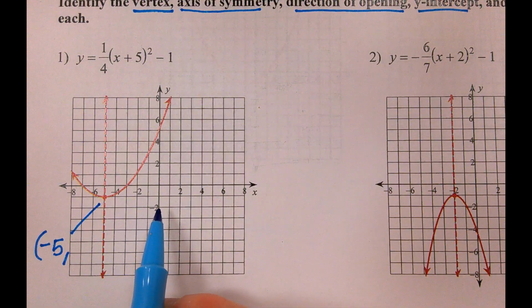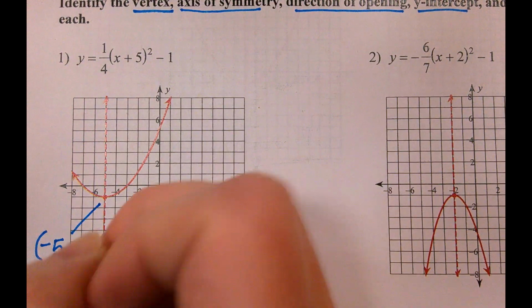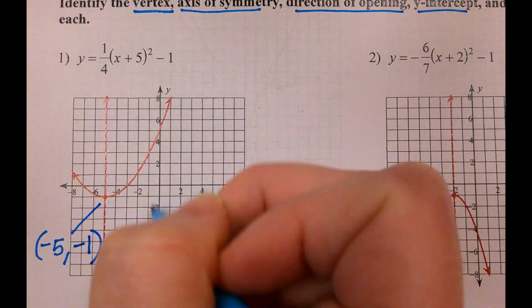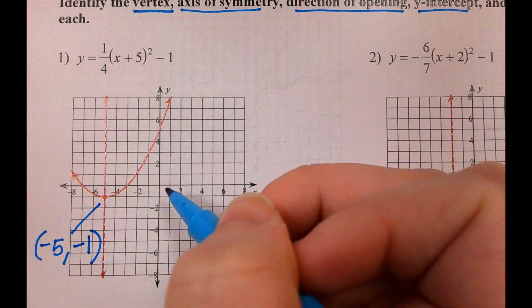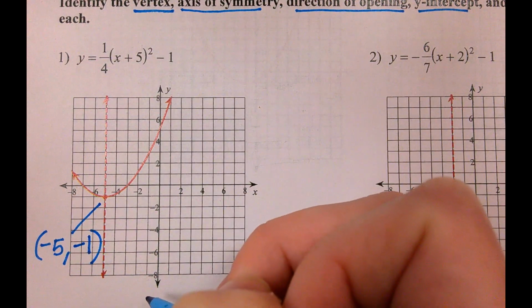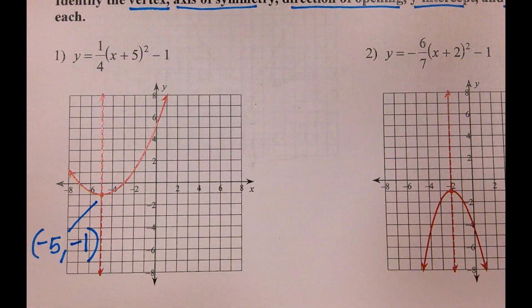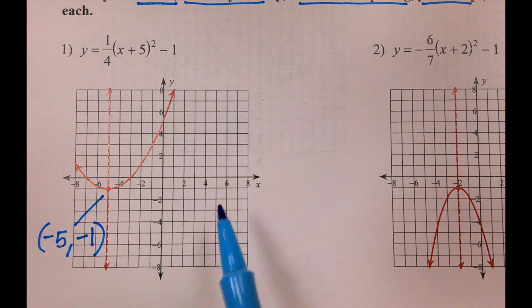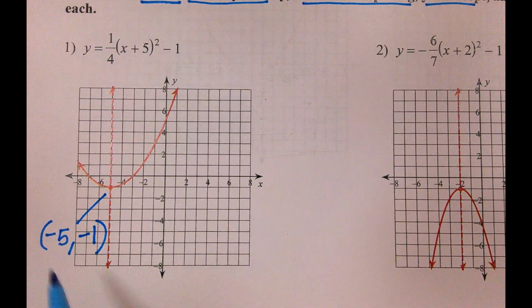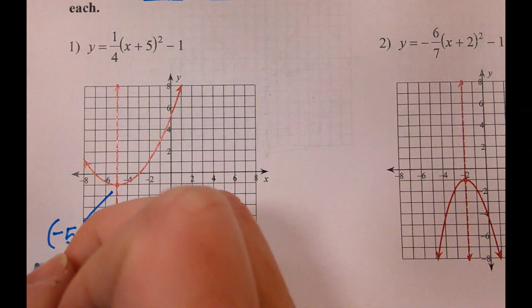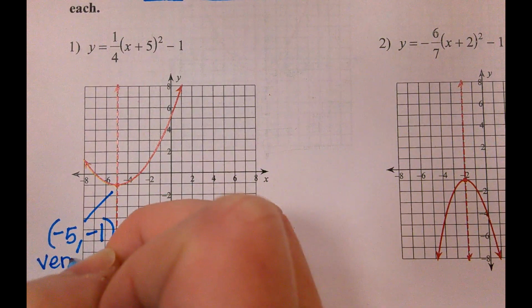Almost. There's -2. 1. -1. Good. I know these graphs are a little tricky because they label every other number, so you have to look between the numbers. On a quiz, I'll have all your numbers labeled. So that is our vertex, -5, -1.